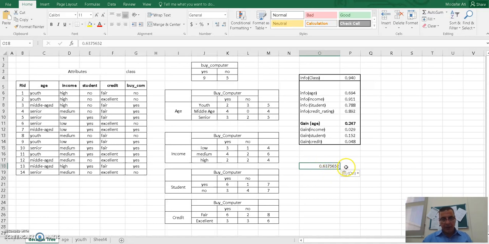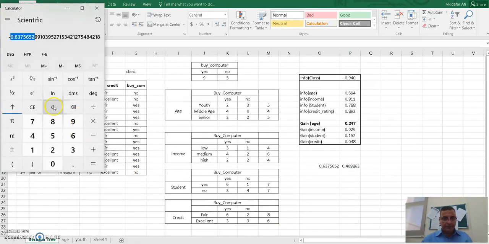Remember, we have to multiply it by 9 over 14. Now we can take the other one, which is 5 out of 14.